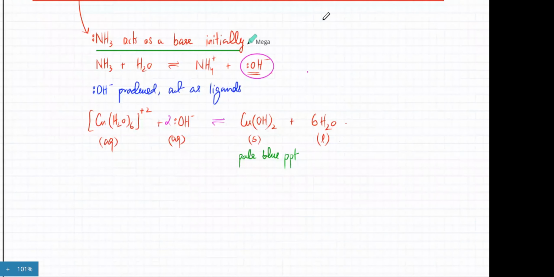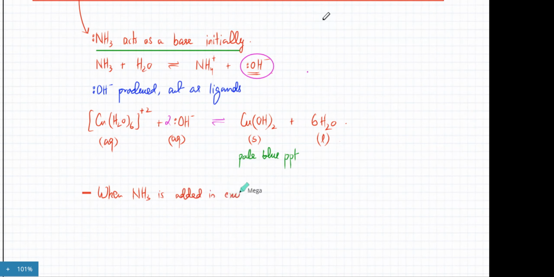So now the next part, when NH3 is added in excess, what happens then? So now what's going to happen is that the blue precipitate redissolves.